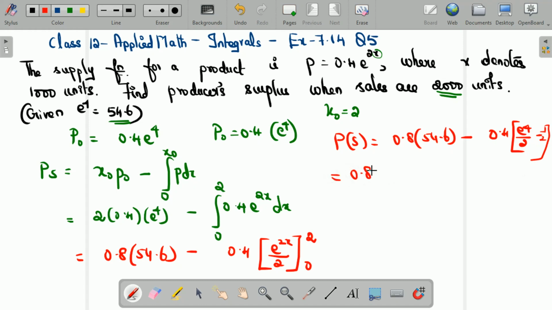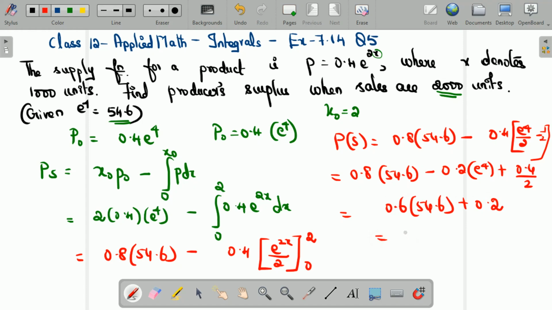So this is 0.8 into 54.6 minus 0.2 into e^4 plus 0.4 divided by 2, which is 0.2. I can take e^4 outside and treat this as 0.6 into 54.6 plus 0.2.